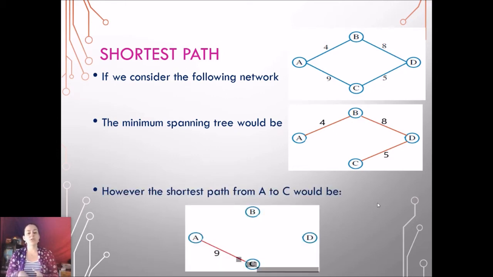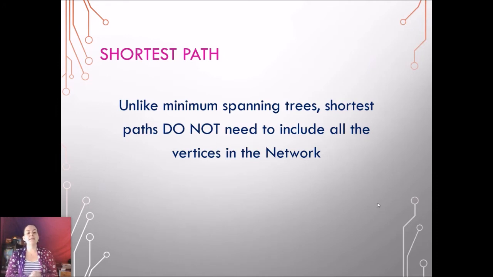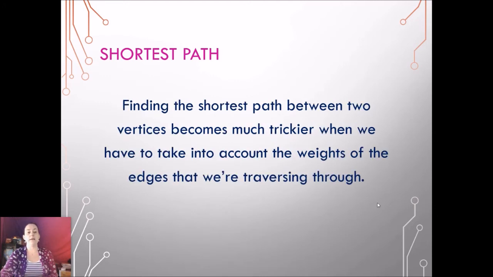However, the shortest path from A to C would be 9. Otherwise, our path would be 17. So 9 is a bit shorter than 17. So unlike the minimum spanning trees, shortest paths do not need to include all the vertices within a network.